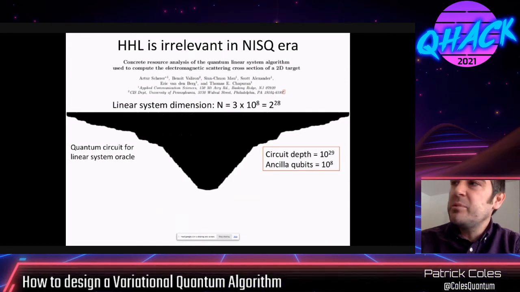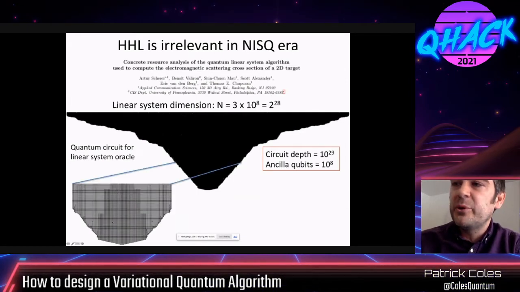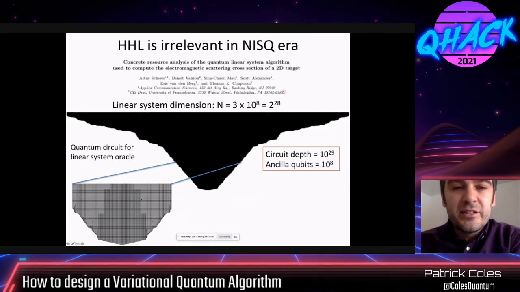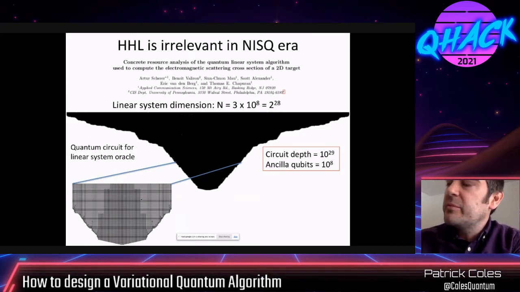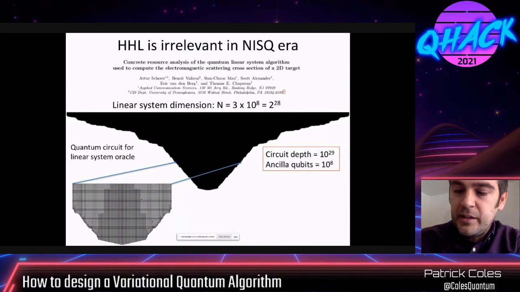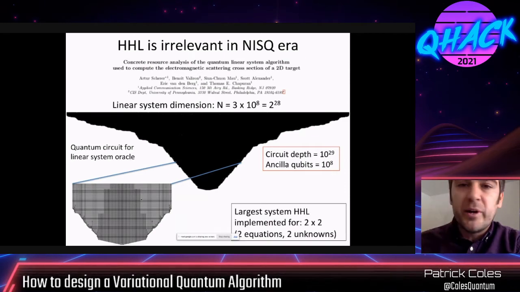And this black blob here is basically the circuit diagram where, if you zoom in, you see it's composed of a bunch of C-NOTs. So obviously there's a crazy amount of circuit depth here. That doesn't draw away from the fact that it has a lot of long-term promise. But if we want something in the near term, we might want to consider a different approach.